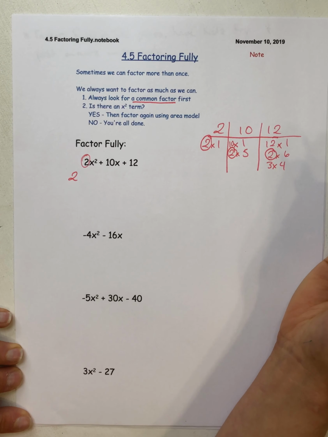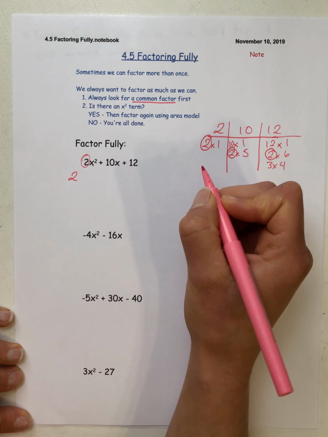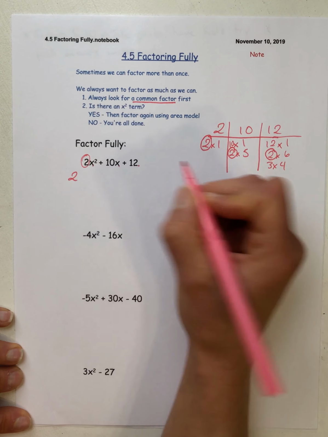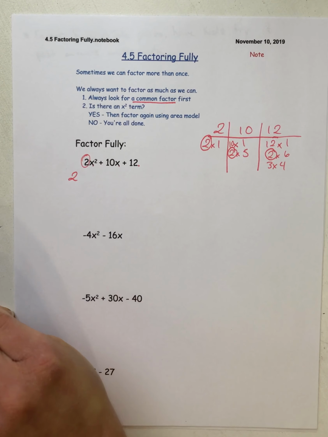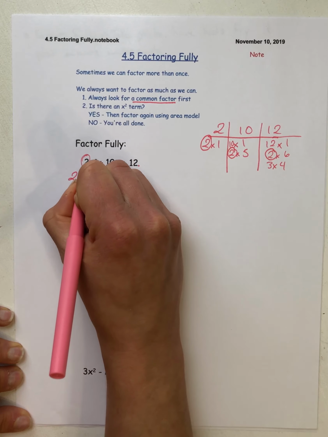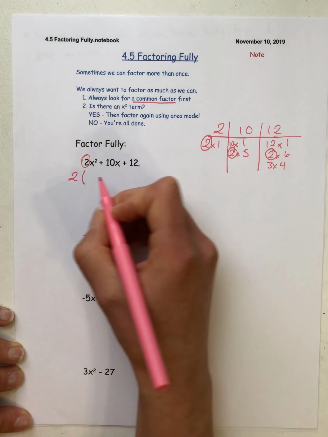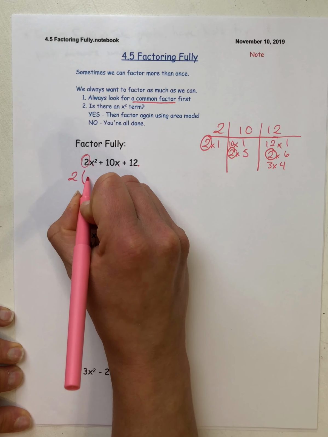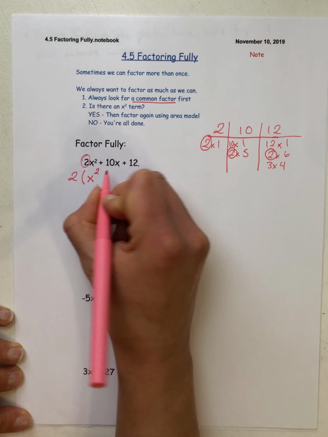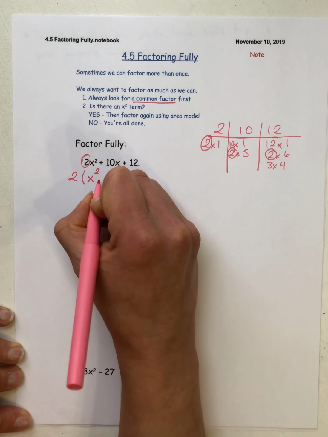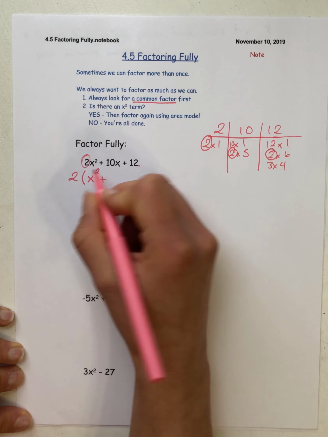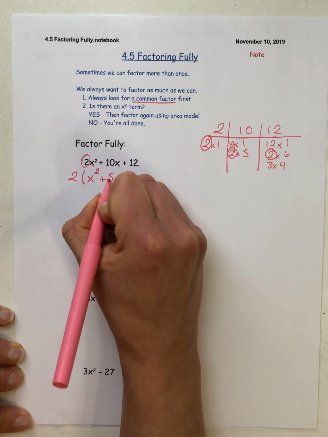Now we need to look to see if we can pull an x out front. There's an x in this one, there's an x in this one, but there's no x in this one. So we can't pull an x out. So then we bracket. So 2 divided by 2 is 1. So we just write x squared. You can put a 1 in front if you'd like. Plus 10 divided by 2 is 5.